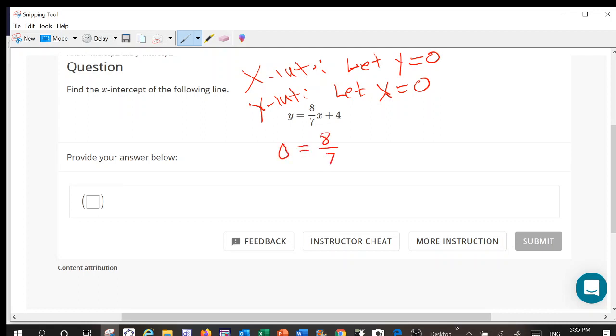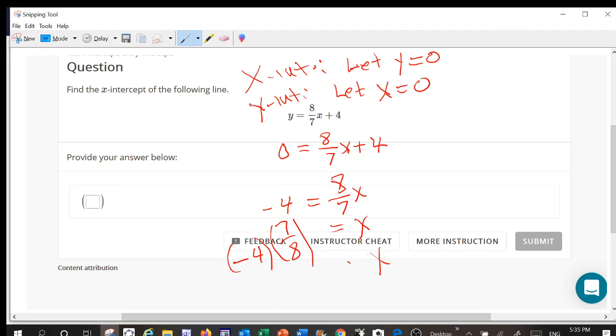So we end up with basically a linear equation to solve. So 8 over 7 x equals -4. So x is going to equal -4 times the reciprocal of 8 over 7. What is x equal to?